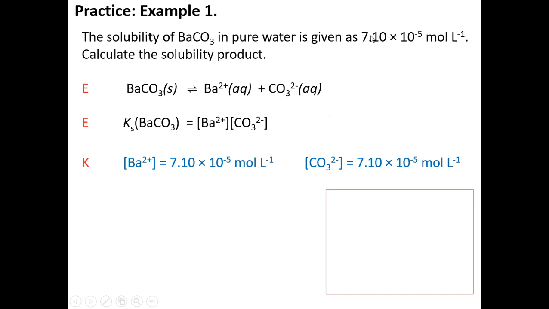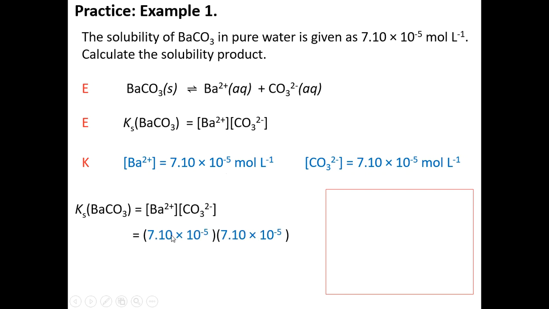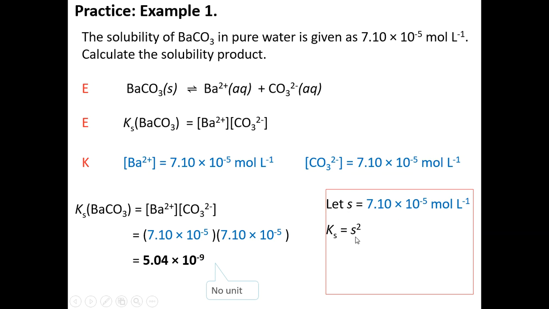Now the solubility, because it's a 1:1 ratio, an AB salt, then S is going to be 7.10 times 10 to the minus 5 for both of them. So I can just simply substitute that in and multiply it together. And remember, there's no unit. Or with the shortcut method, I can do exactly the same thing, but I simply square the S value and I get to the same answer.